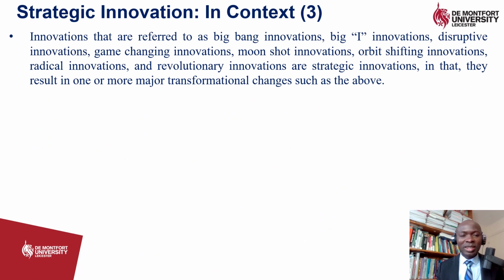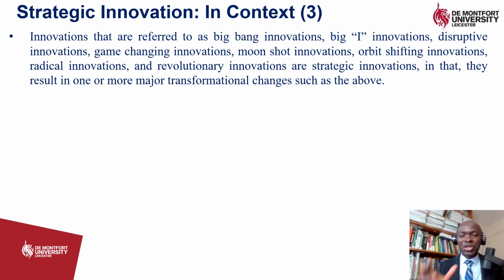So innovations that are referred to as the so-called big bang innovations, or big I innovations, or disruptive innovations, or game-changing innovations. Sometimes you find a concept like moonshot innovation, orbit-shifting innovation, or radical innovation, or revolutionary innovation.